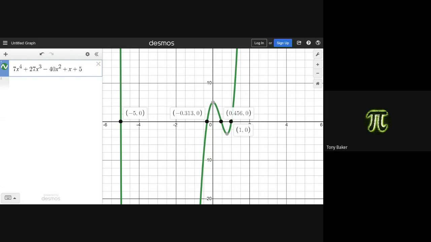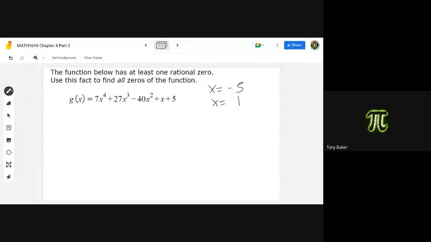So I know x equals -5 and x equals 1. So let's do synthetic division. You don't have to change the signs. Oh, the screen didn't switch. Thank you. All right, so we'll do synthetic division. We'll start with the -5. So 7, 27, -40, 1, and 5.